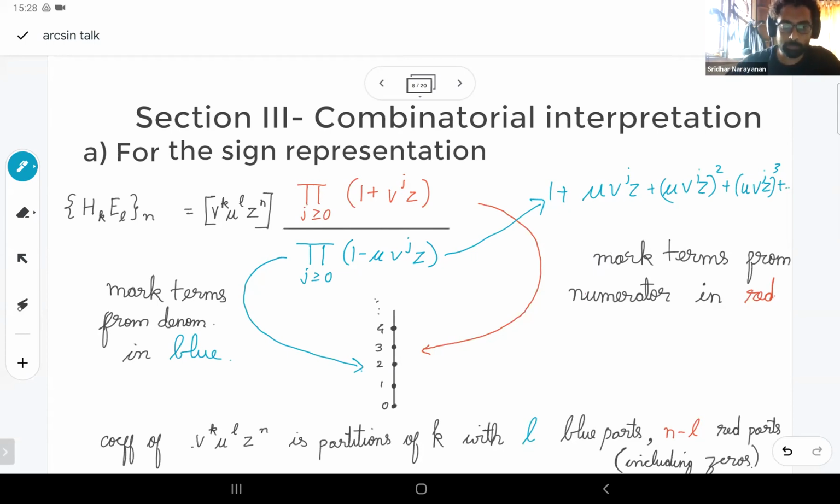It will contribute any number of terms. I'm a little lost. V1. Okay, j is bigger than or equal to 0. Okay. But you will get v0 twice. Okay, got it. Okay, thanks.